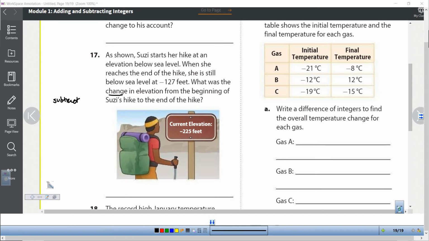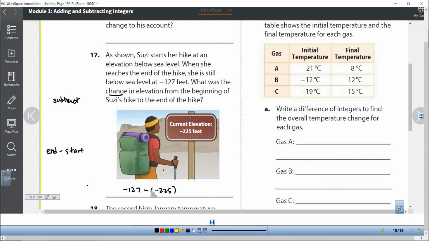We're going to do the end minus the start. The end minus the start. So I'm going to do negative 127, which is where she ended, minus a negative 225, which is where she began, right?